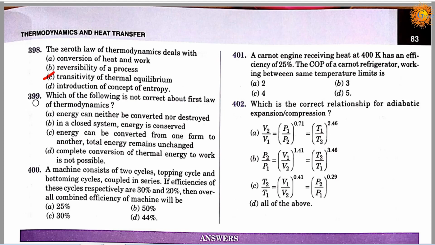Question number 399. Which of the following is not correct about first law of thermodynamics? Option A, energy can neither be created nor destroyed, option B, in a closed system energy is conserved, option C, energy can be converted from one form to another, total energy remains unchanged, option D, complete conversion of thermal energy to work is not possible.